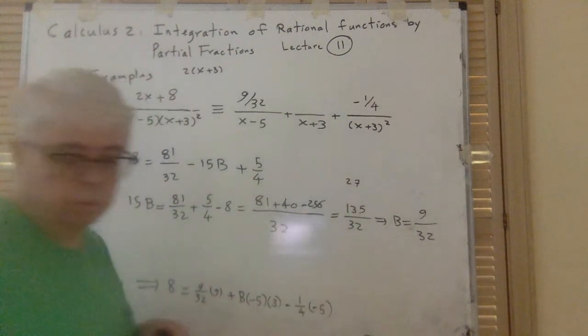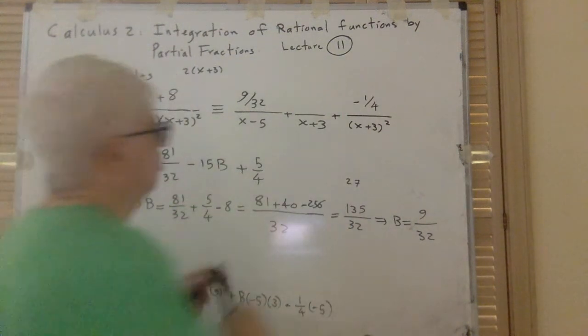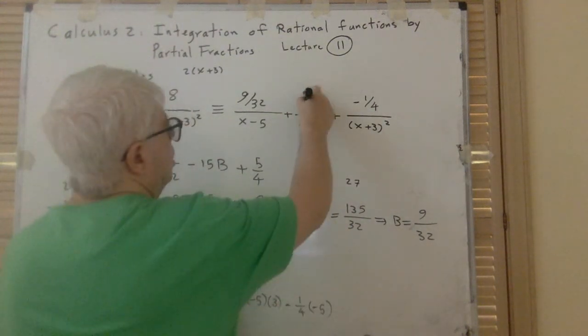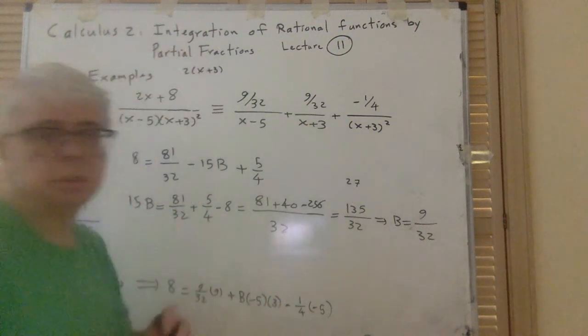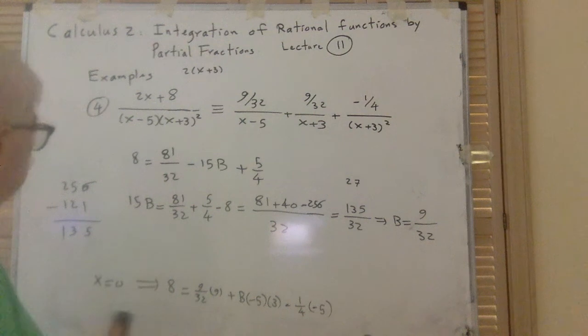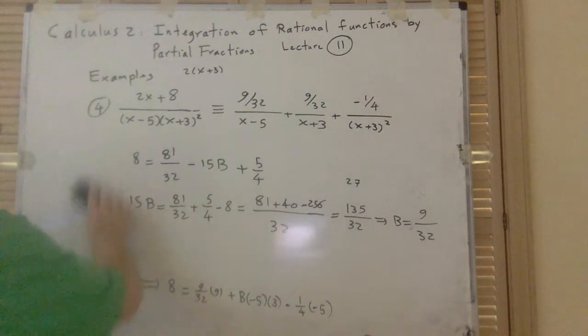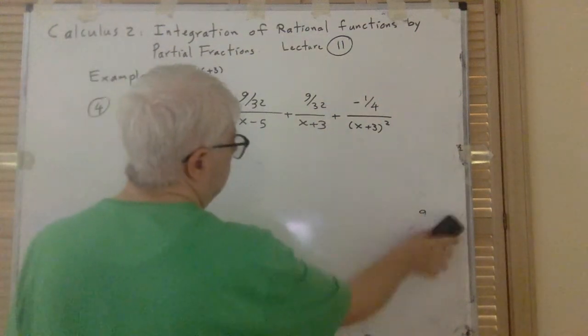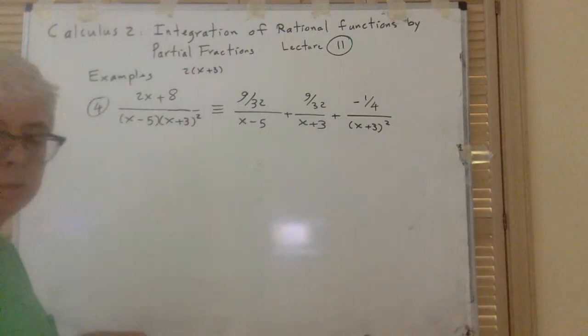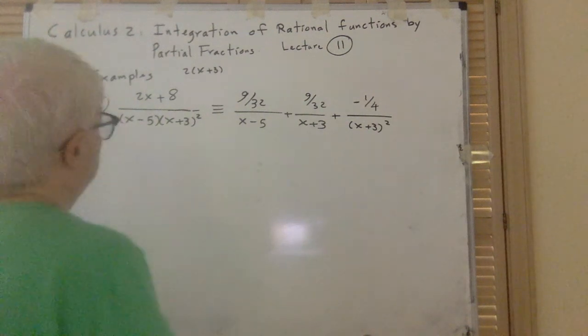Let's hope these are okay. We can use Wolfram Alpha to find this thing. 9 over 32. Now I have a reason to do this to the end. Okay, so we have found coefficients. You can check this with Wolfram Alpha to see if the coefficients I found are correct.